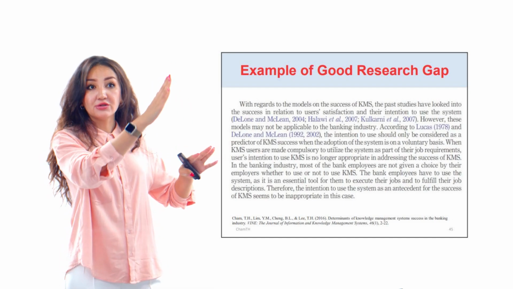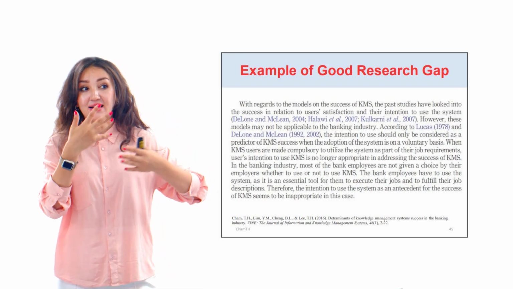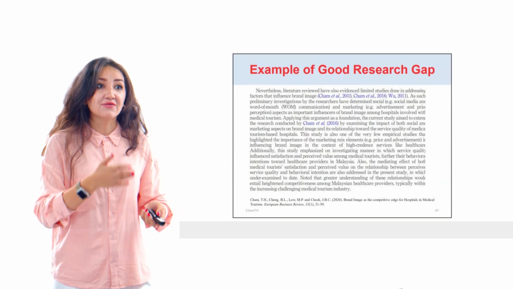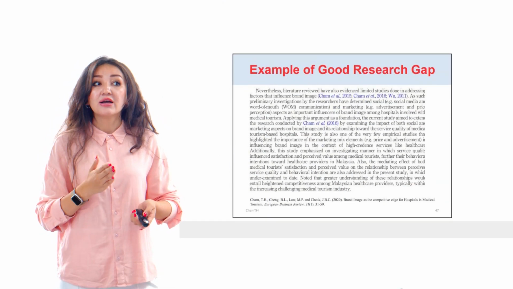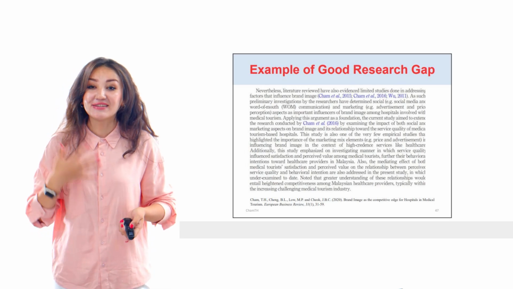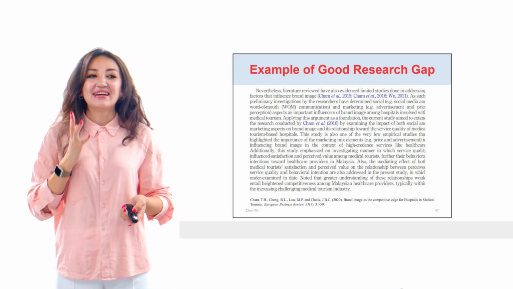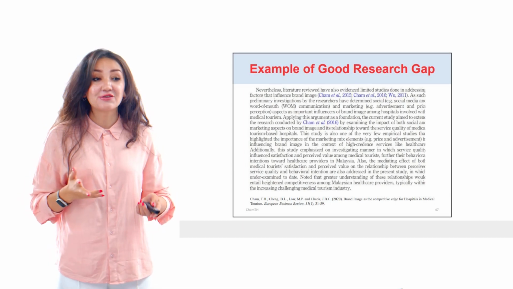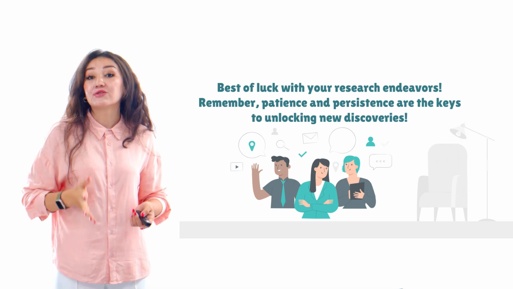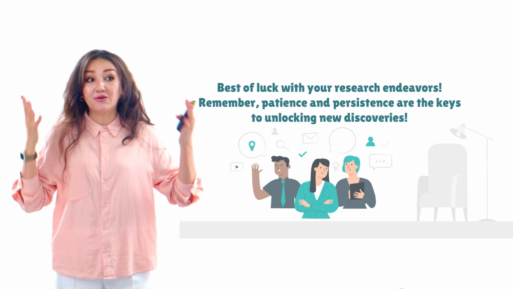An example of a very good research gap is shown here, which starts with a sentence beginning with "however." This is also a very good research gap because it starts with a keyword like "nevertheless," mentioning that something is missing in the research. That's how examples of a very good research gap look. You can read and write your research gap based on this.